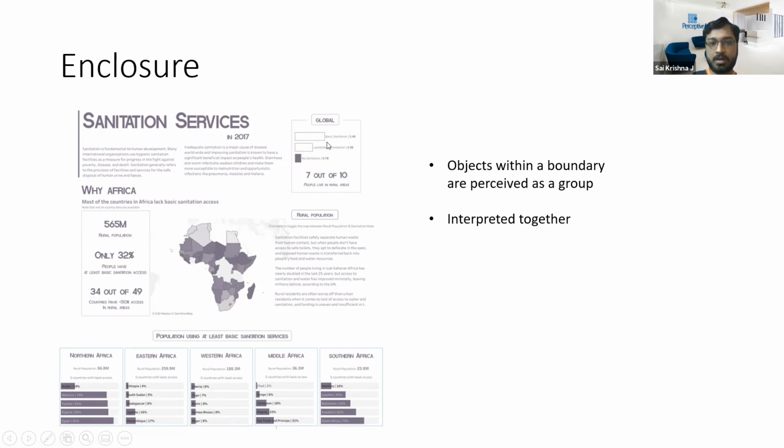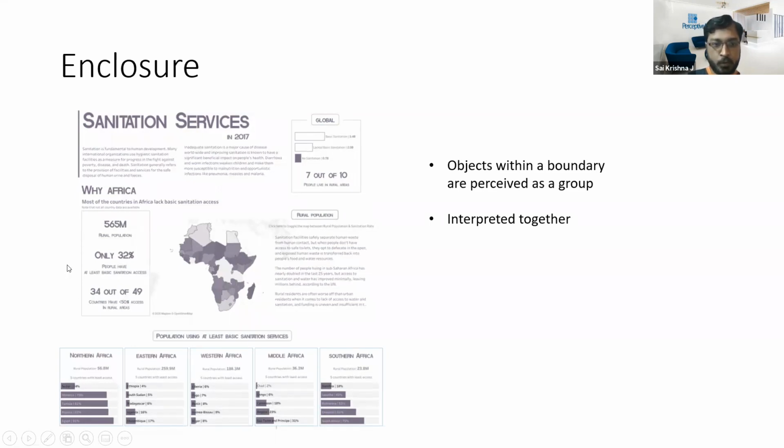The first bar indicates people who have basic sanitation facilities, the second bar people who lack basic sanitation facilities, and the third bar people who have no sanitation facilities. So all 3 bars within this box talk about the level of sanitation that people have.